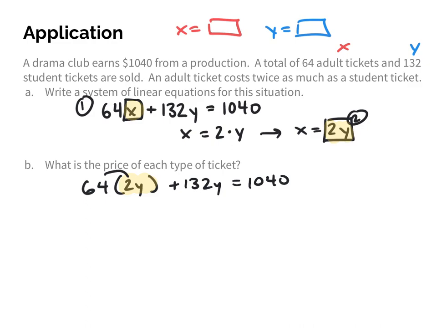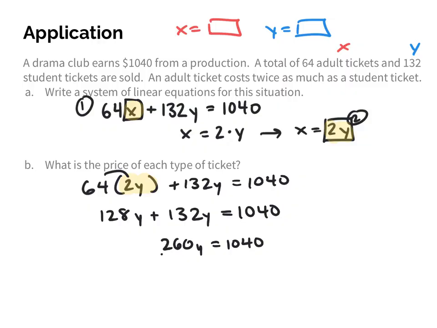So 64 times 2y would give me 128y, plus 132y equals 1040. Now gathering my y's together on the left side, 128y plus 132y would give me 260y equals 1040. And then lastly, divide both sides. I know we got a big number, 260, and I would get y equals 4.